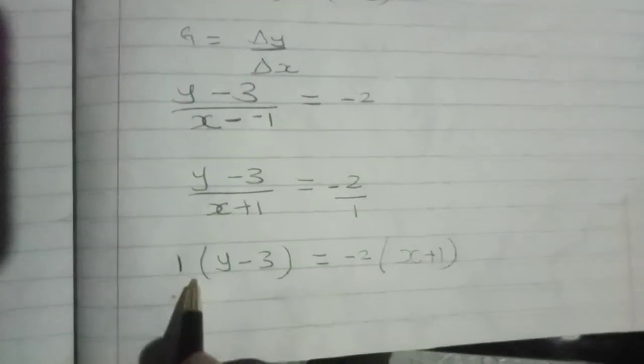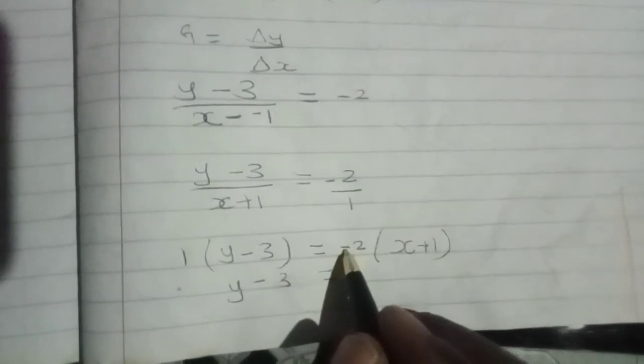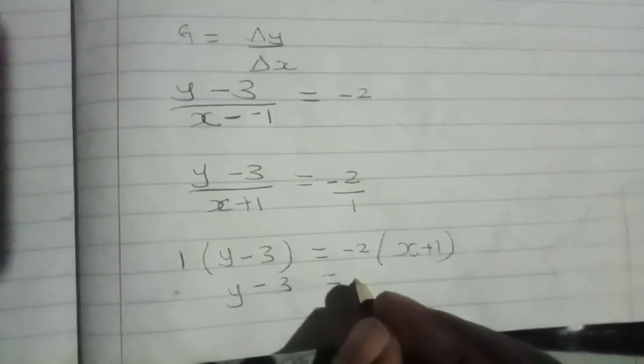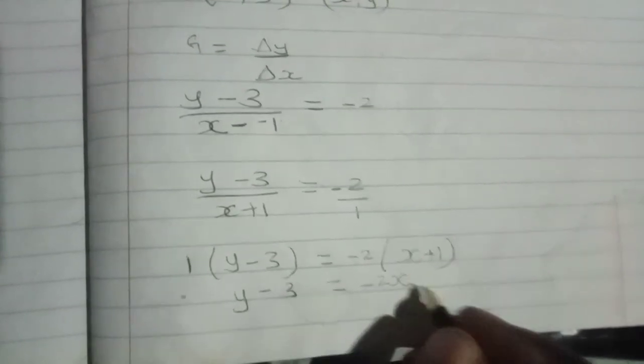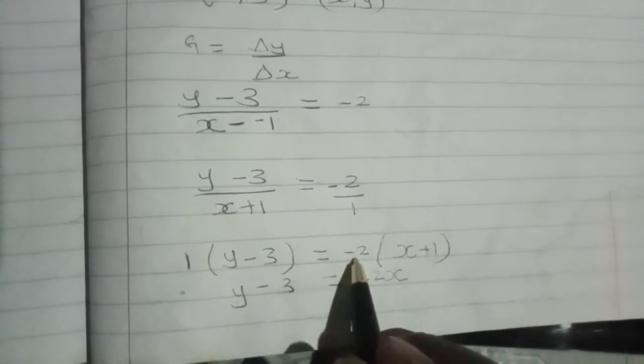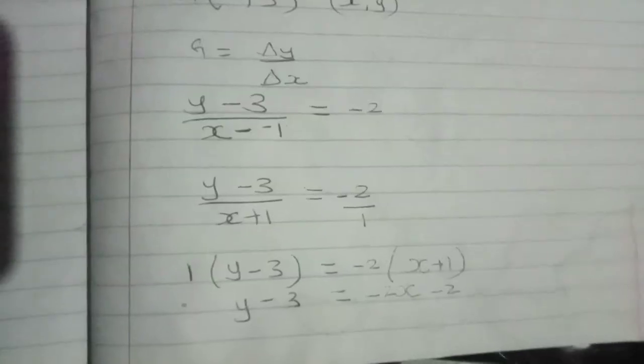So we open the bracket: 1 times y is y, times negative 3 is negative 3. This is equal to negative 2 times x, which is negative 2x, and then negative 2 times positive 1 is negative 2.